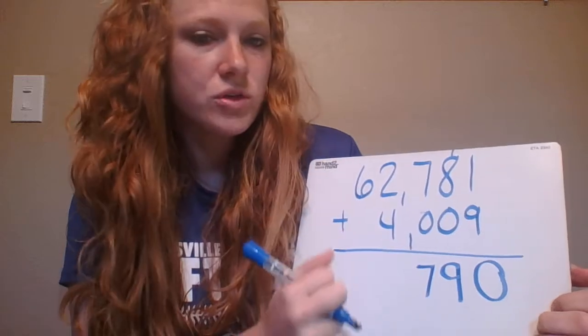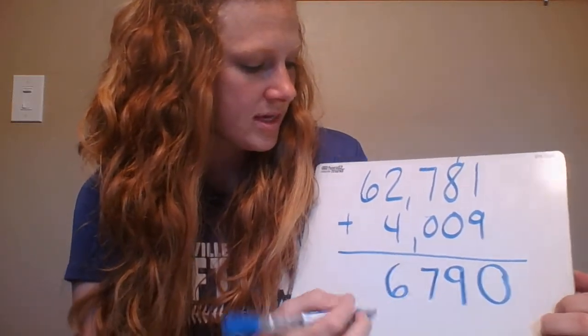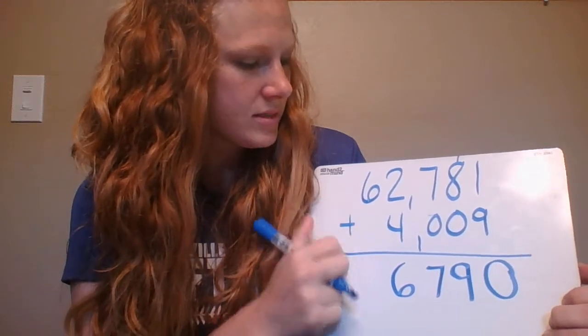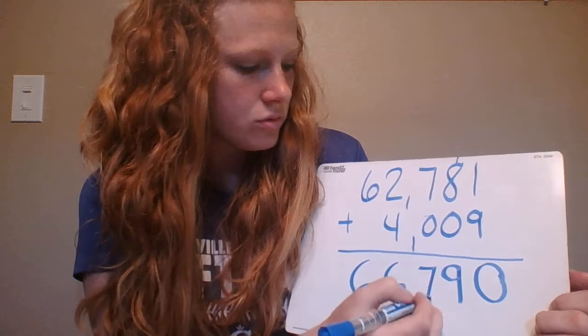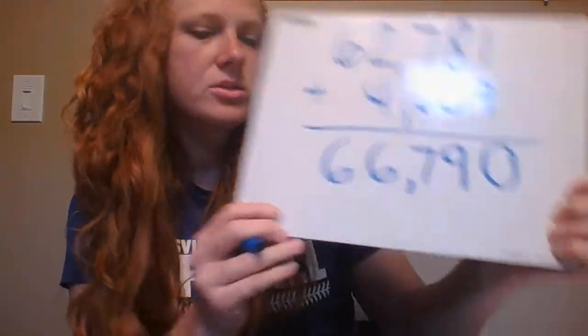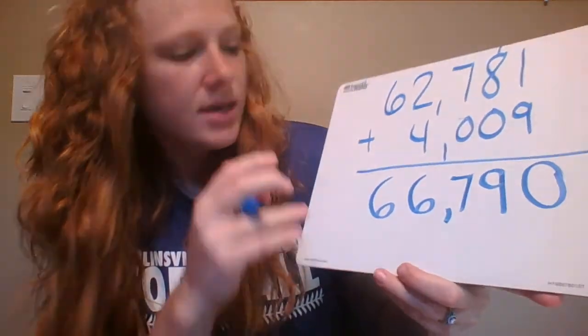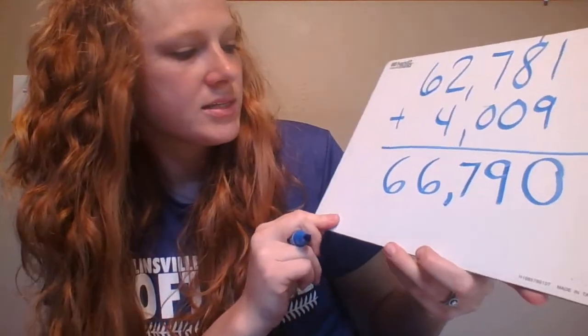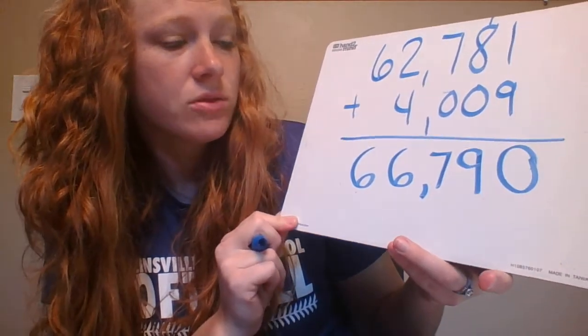Then we do 2 plus 4, 2 más 4, which is 6, or 6. And then we have 6 plus 0, 6 más 0, which is 6. 1, 2, 3, comma. So our final answer is 66,790. In Spanish, that would be 66,790.